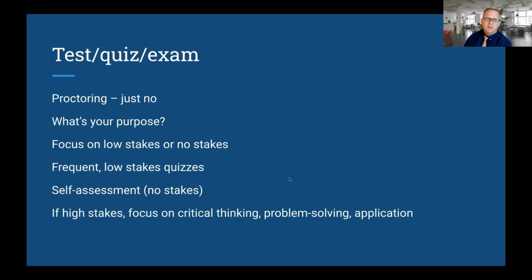I lumped test, quiz, and exam all together, and I'm thinking here mostly about fill-in-the-blank and multiple choice quizzes that, back when I did my undergrad work, were the main staple of assessment for students.